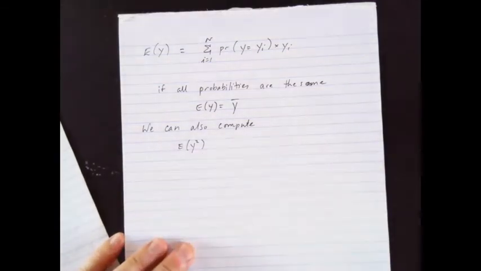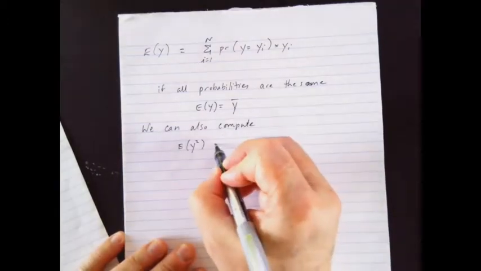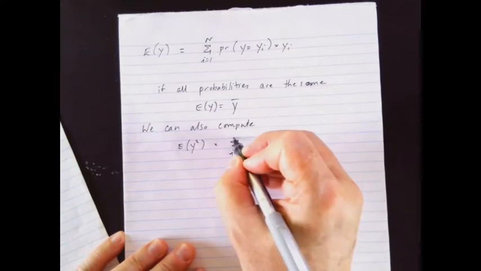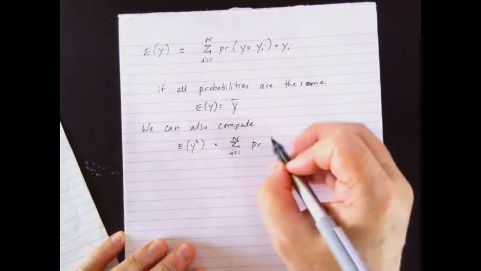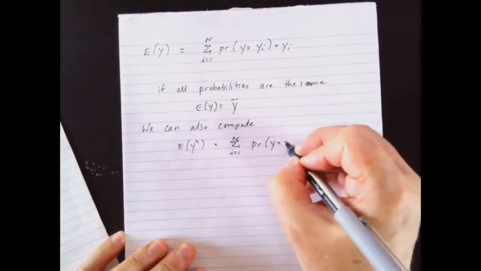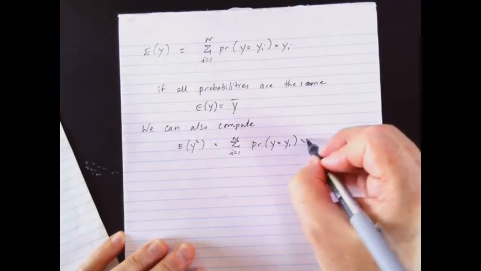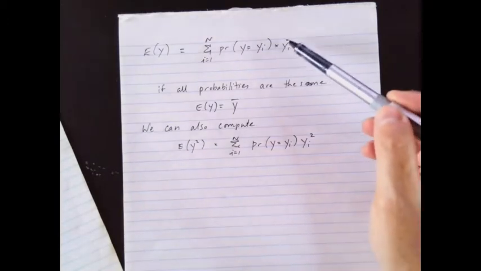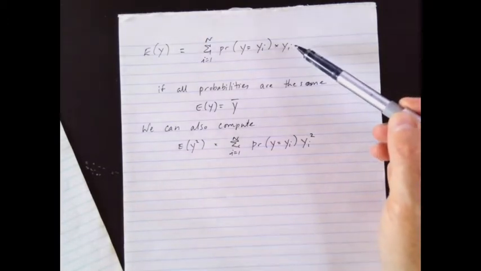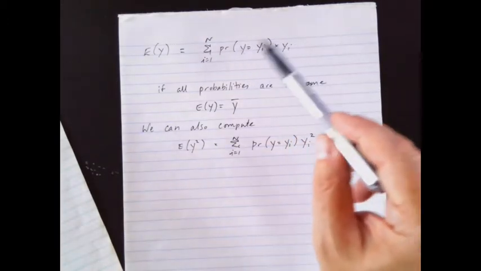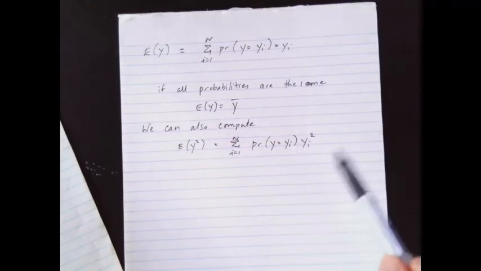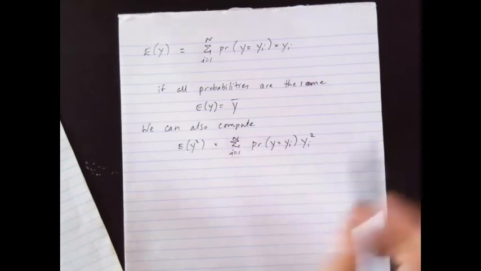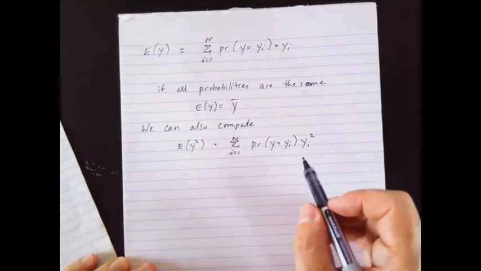And if we want the expected value of y squared, we just use the same formula: the sum from i equals 1 to n of the probability that y equals yi times yi squared. So we square the variable in the formula, but not the probability. The probability stays the same, but we square, in this case, yi.